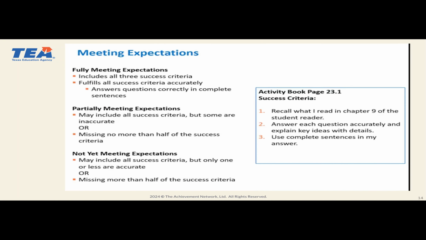We have to norm on this so that we're speaking the same language when we're collaborating around our analysis and action steps. So take a second and pause the screen and internalize the meeting expectations, the different indicators for the criteria.